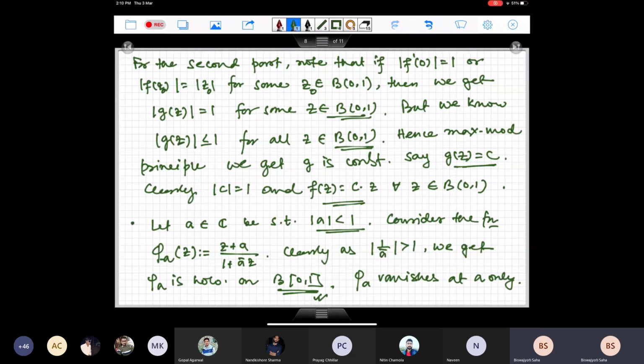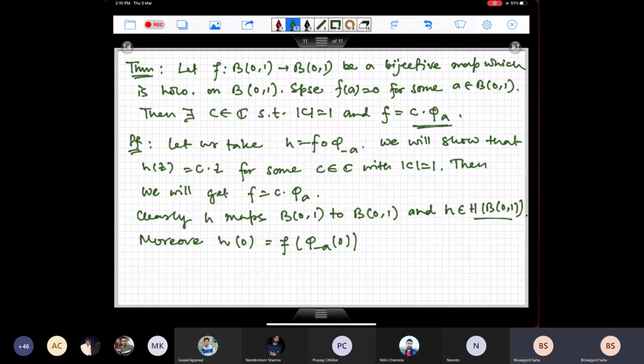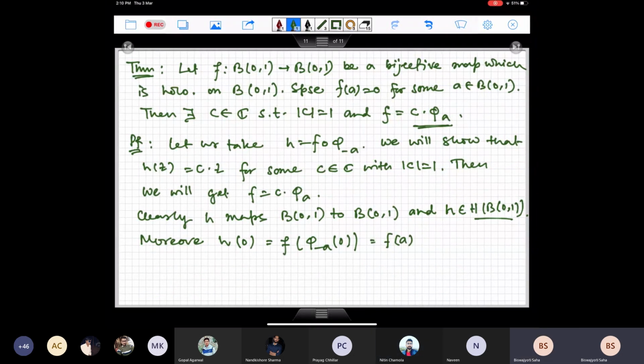If you put Z equal to 0, you get A, correct? So this is F of A, and I am told that F of A is equal to 0. So clearly H of 0 is equal to 0.